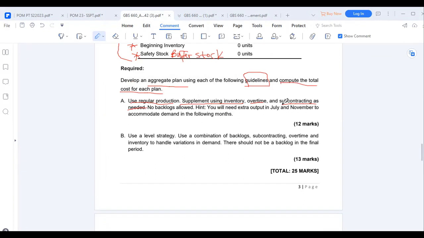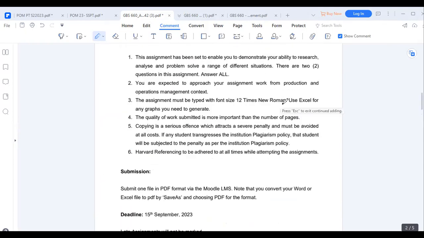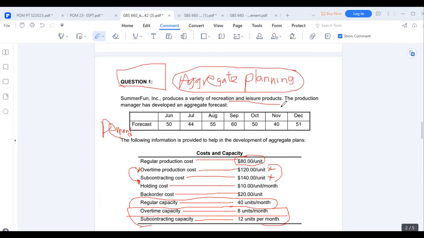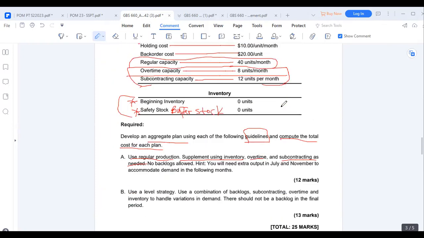So this cost is the cost of the chase strategy, using the regular production, supplementing using inventory, overtime and subcontracting as needed. It's the one we have just finished doing.